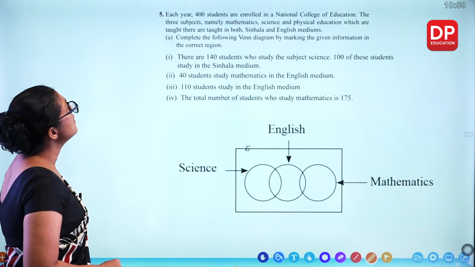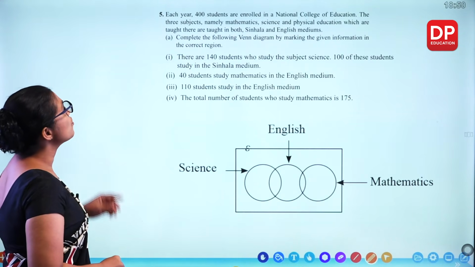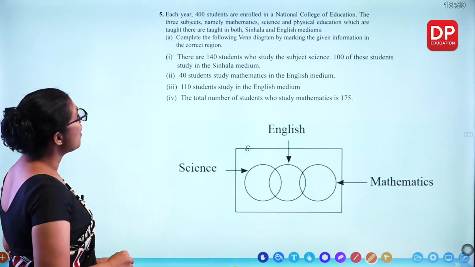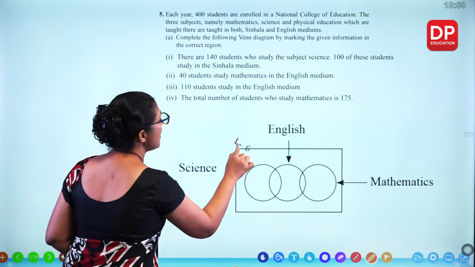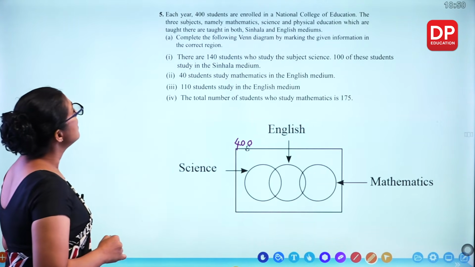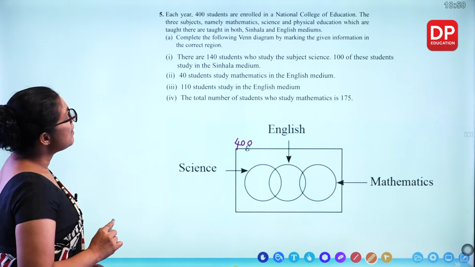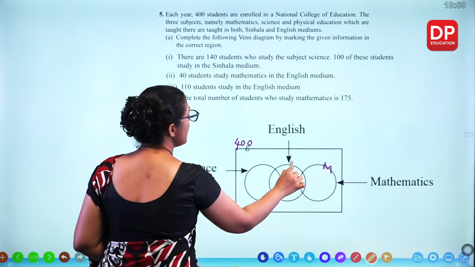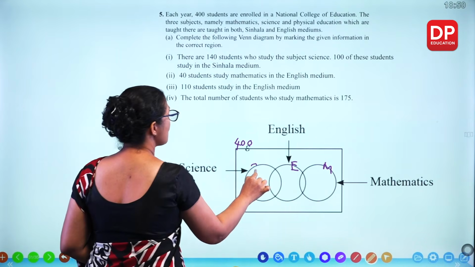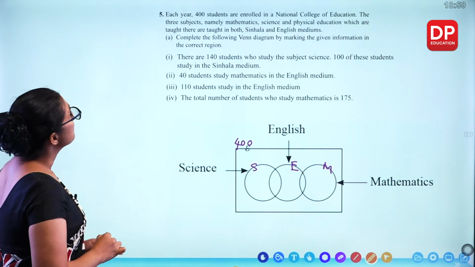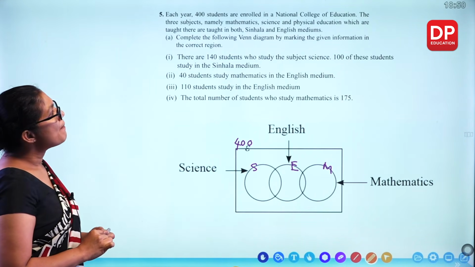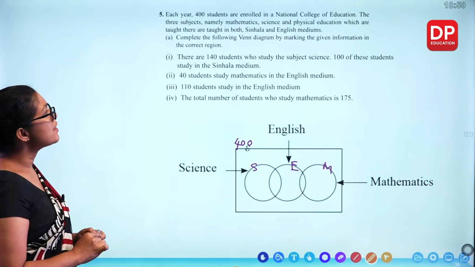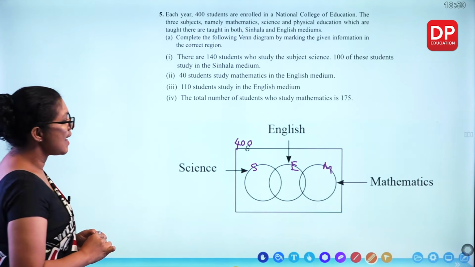Question number 5. Each year, 400 students are enrolled in a National College of Education. So 400 students. So I can write 400. 3 subjects, namely mathematics, I'll put M, English for E and science for S. Complete the following Venn diagram by marking the given information in the correct region. There are 140 students who study the subject science.